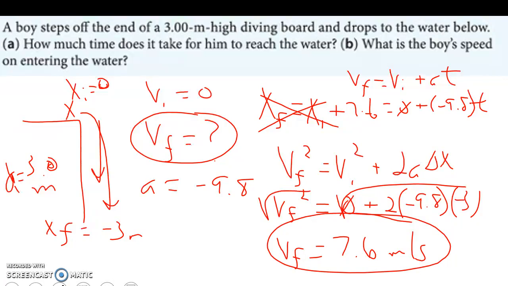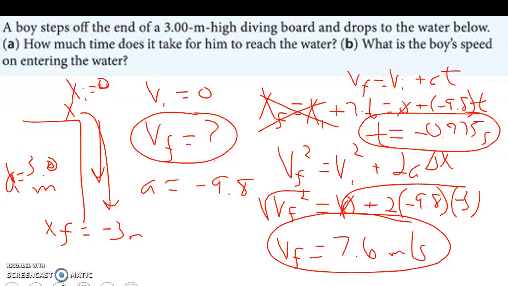And we get 7.6 divided by negative 9.8, and we get a time of negative 0.775 seconds. Now, negative time can't happen, right?